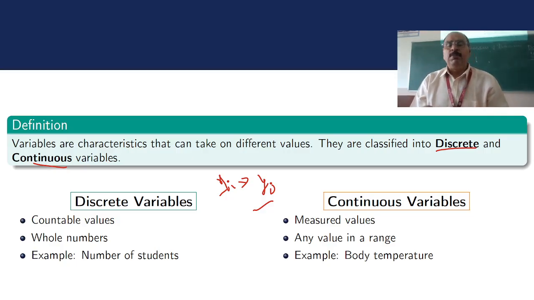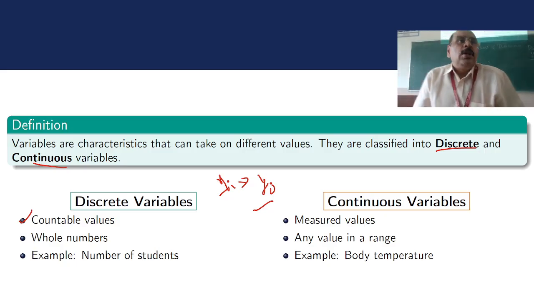In discrete variables, there is a possibility of giving an input and having no output at all. In continuous variables you have output points at every input point. So in discrete you have countable values. You have already done this in probability, statistics, in so many places you would have studied what is discrete and what is continuous.